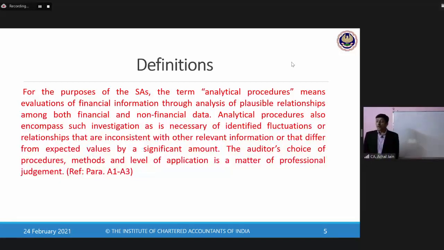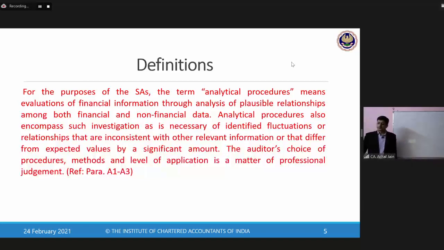Analytical procedures also encompass such investigation as is necessary of identified fluctuations or relationships that are inconsistent with other relevant information or that differ from expected values by a significant amount. Now, in relation to this, the choice of the auditor in respect of the procedures, the methods, and the level of application would be purely based on his judgment.